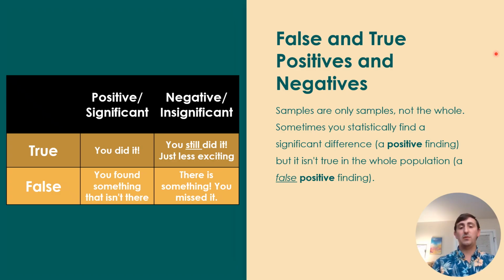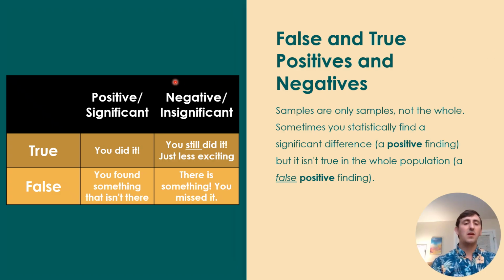So in that case, we would say you have a false positive finding because it's a positive finding. Yes, there's a difference in what you found, but it's false because it doesn't actually represent reality.